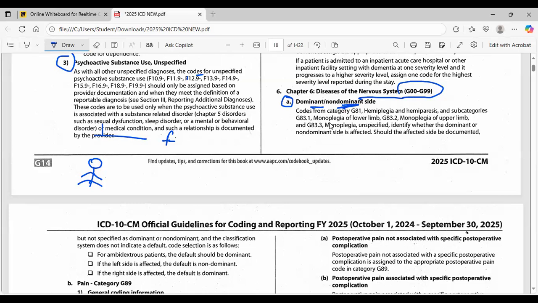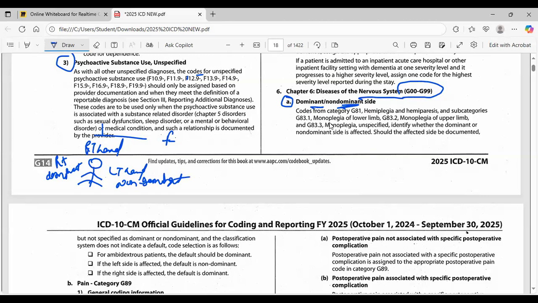Dominant side means the side the patient uses for usual activities, and the opposite side is the non-dominant. Let's say the patient is right-handed, then their right side is dominant because the patient uses the right side for most of their activity, and the left hand is non-dominant.